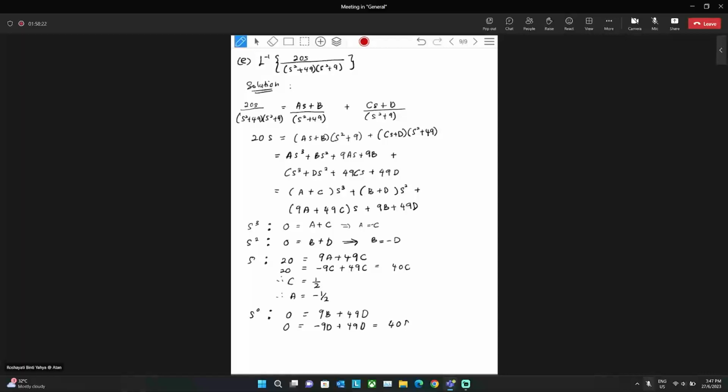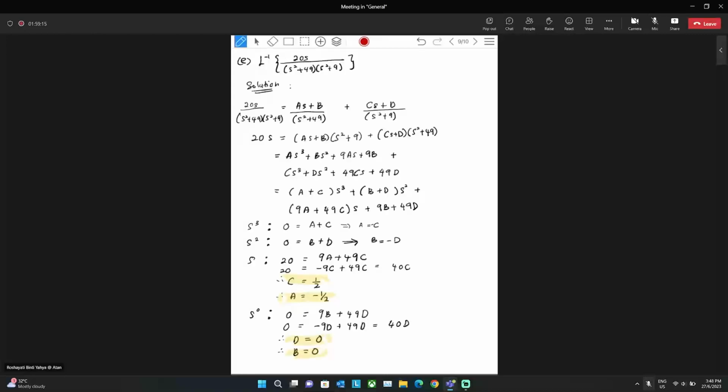So D equals 0. Since D equals 0, your B also equals 0. So you have the values here: A, B, C, D. Continue.